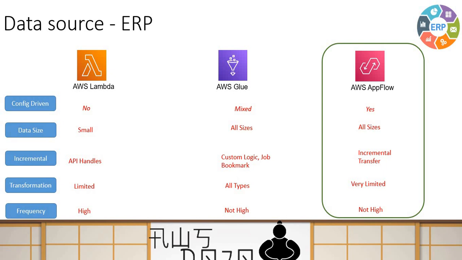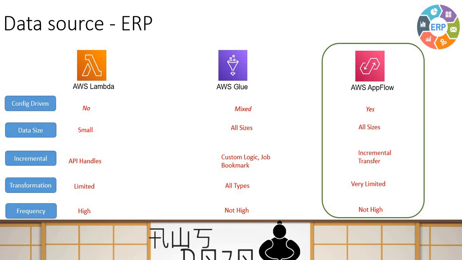To be honest, there should not be any transformation when bringing data to a raw area in your data platform, because you try to keep your raw data similar to your data source so that it can be traced back to the source, and it is kept immutable. So transformation, which is a limitation of AppFlow, is not a big thing for data ingestion in my opinion, but other things are fantastic here.